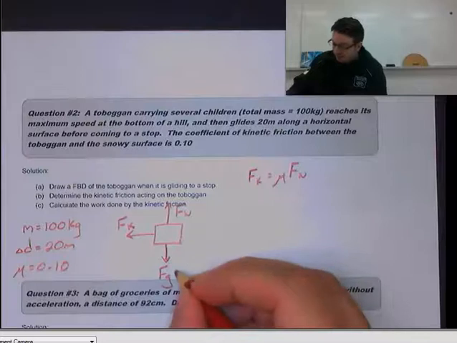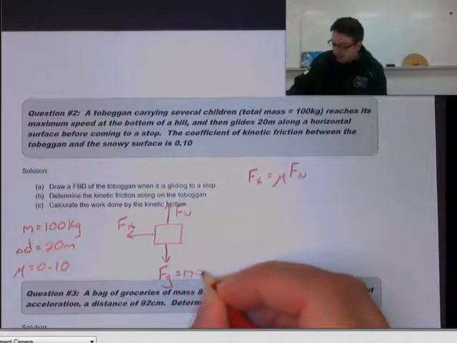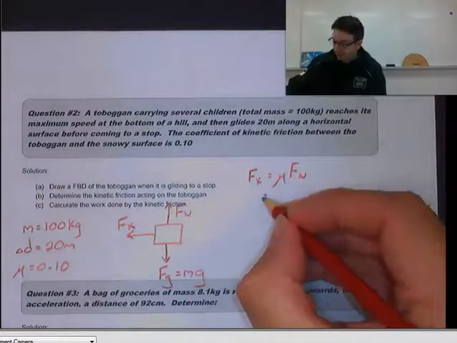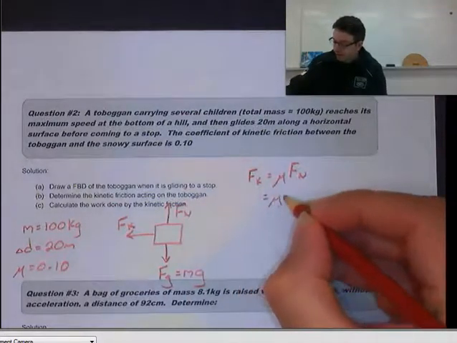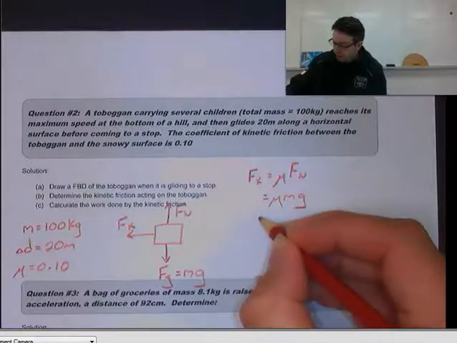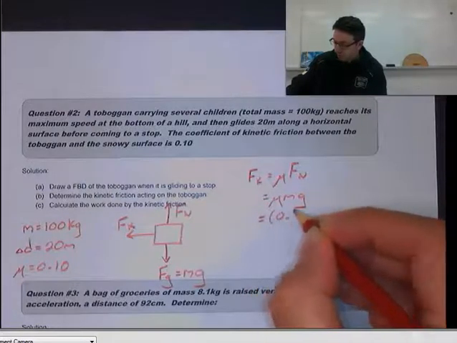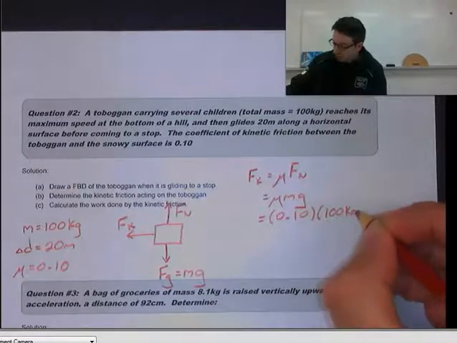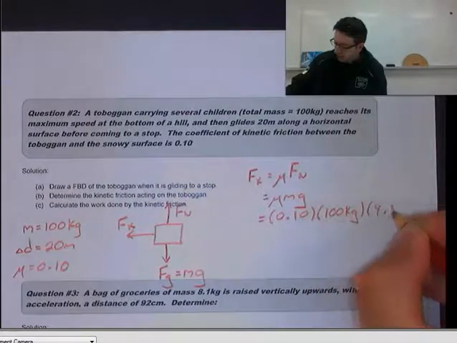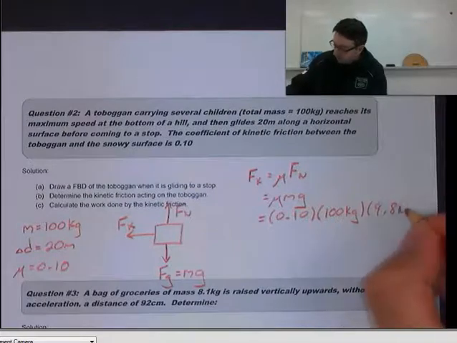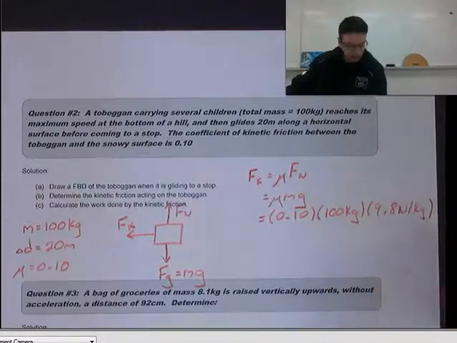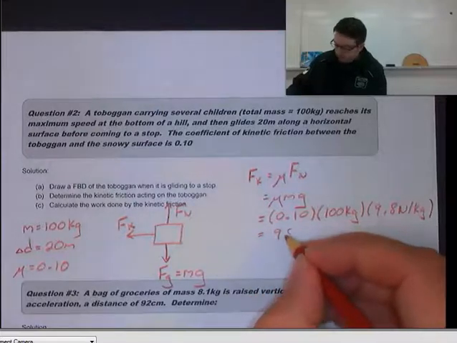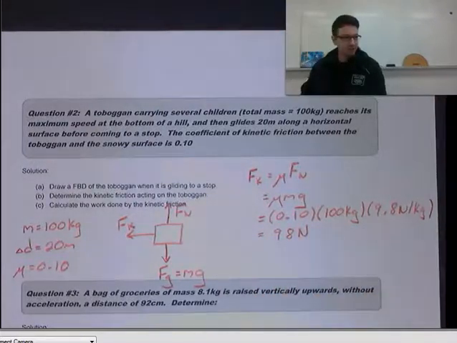And to calculate Fg, it's just mg, where g is 9.8 newtons per kilogram. So this is going to be mu mg, which is 0.1 times our mass, 100 kilograms, times g, 9.8 newtons per kilogram. So that gives us 98 newtons. So there's our frictional force.